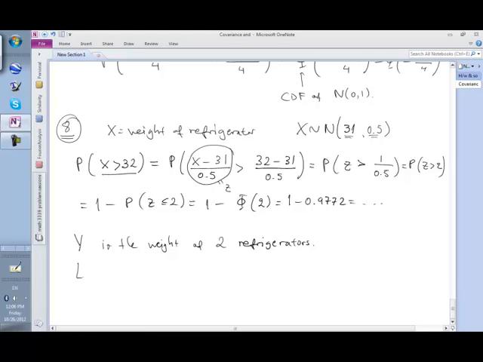What is the average weight of these two refrigerators? If I want to do this, then it would be 2 times X, because I have two refrigerators. Their weight is twice the weight of one refrigerator, and since X is normally distributed with mean equal to 31, this is 2 times E of X, so this is 2 times 31, so it would be 62 pounds.